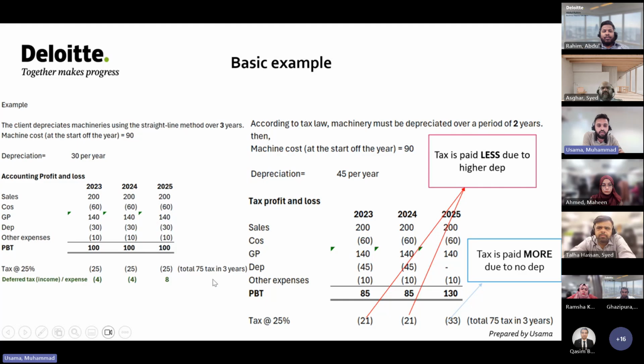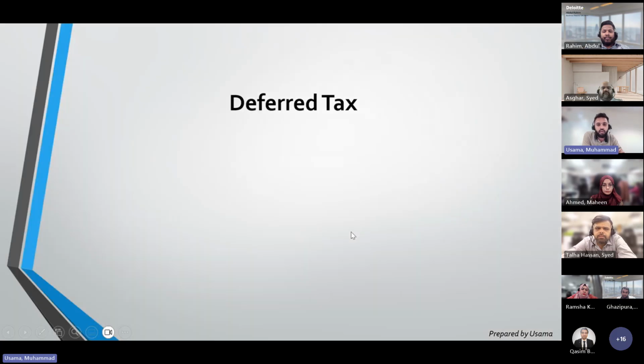Likewise, the tax is computed as 21, not 25 here. So the total tax is 75, but we get the benefit of 4 in the current year, which is called deferred tax. It is basically the temporary difference of timing, which I will cover later in my slides. So that is where the deferred tax concept arises. The key point is that deferred tax is not a tax which is paid; rather, it is an accounting adjustment.